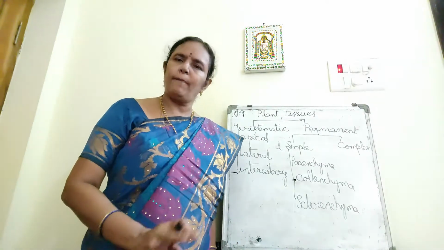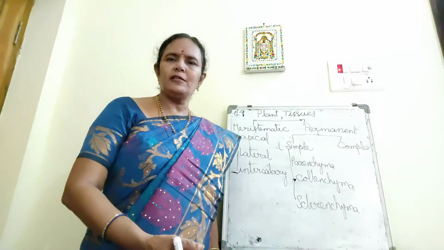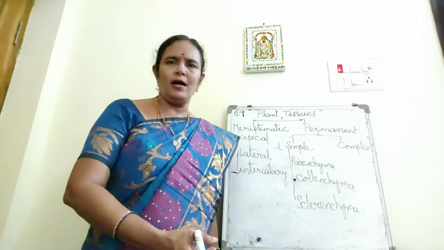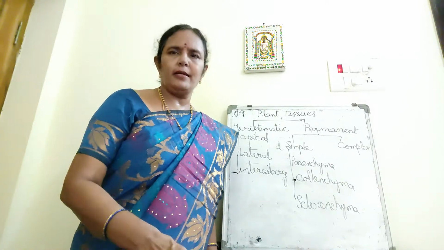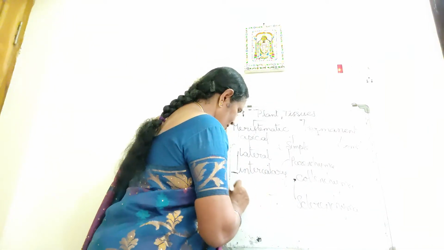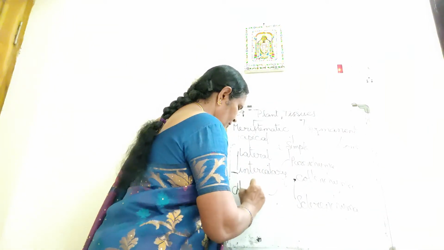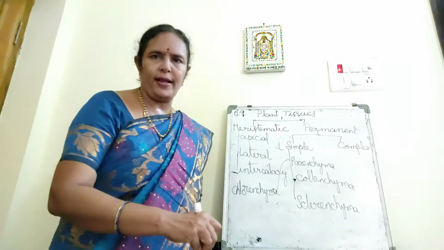Chlorenchyma is nothing but the parenchyma which has chloroplasts. And in the remaining parts of the plant, fruits or flowers or roots, which may not be green in color, parenchyma tissue is present.